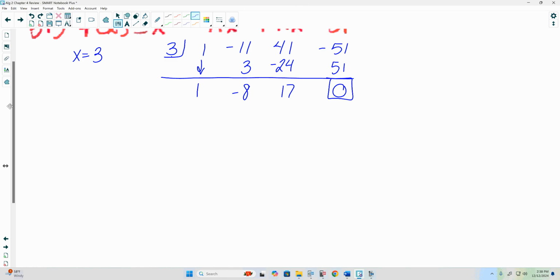So what we have to do at this point is plug our variables back in, telling us that we have x squared minus 8x plus 17 is equal to 0.